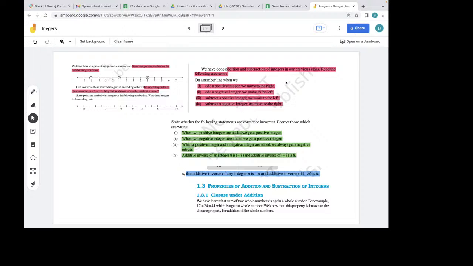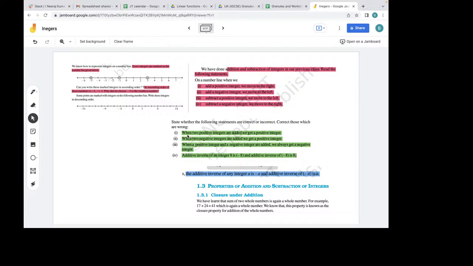So we must always remember all these points while adding and subtracting integers. Alright, now let's take a few statements and figure out whether they are correct or not. We will read the statements and then take some examples to figure out whether they are correct or not.